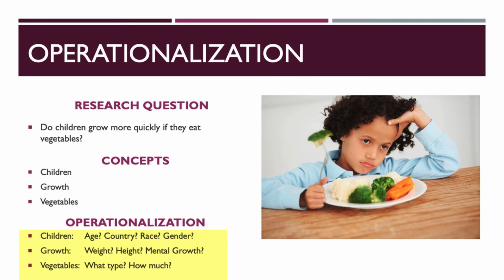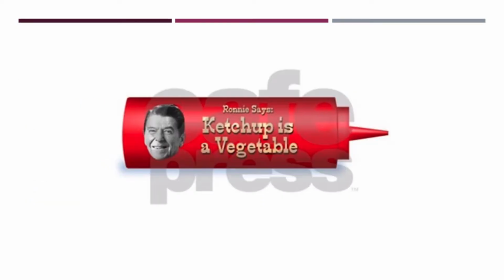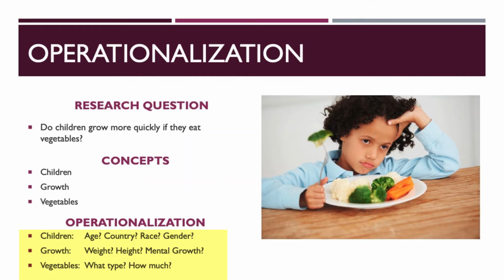What about growth? What do we mean by growth? Are we talking about the weight of a child, their height, maybe mental growth? How are we going to measure growth? And then finally, vegetables. What do we mean by vegetables? Are we using the Ronald Reagan definition that ketchup is a vegetable? What type of vegetables? How much vegetables need to be consumed to have an impact on growth, right?